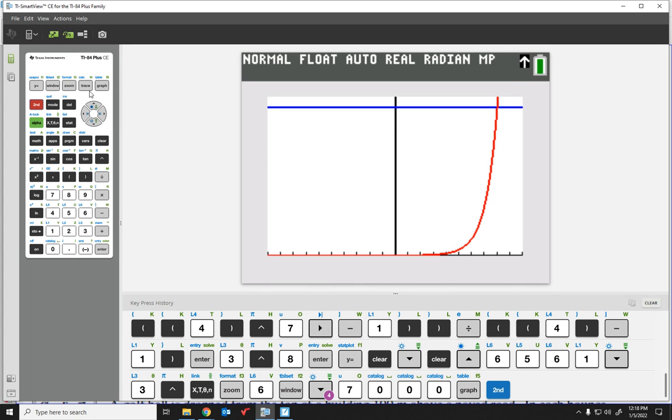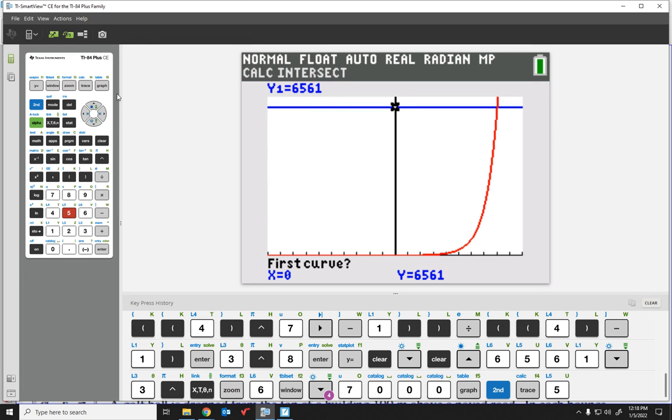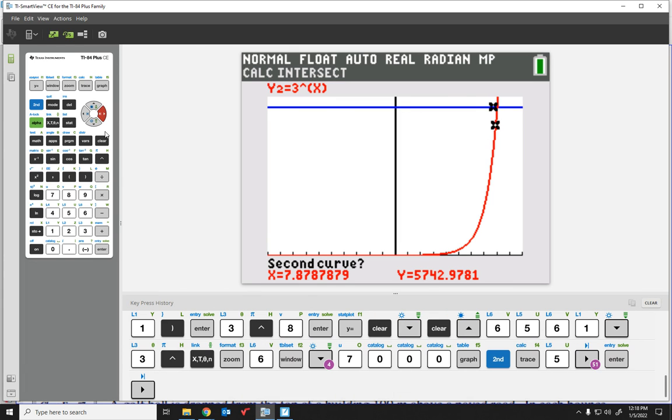So we'll go second, and then trace to get calculate. Pick intersect. Bring that cursor over to the intersection point as close as you can, hit enter, bring this cursor up to the intersection point, hit enter, get it to guess the solution, and it tells me that x is 8, y is 6561.